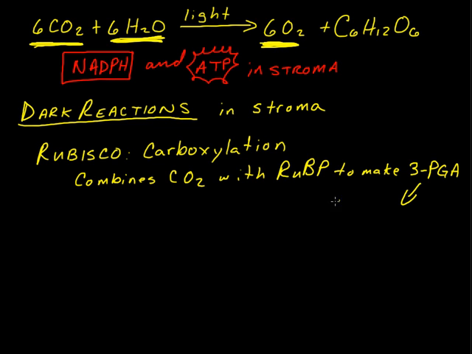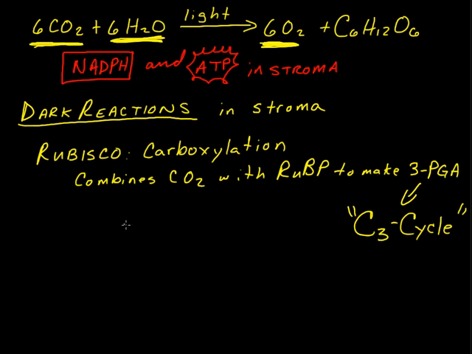So this is where it gets the name of the C3 cycle, because of 3 carbons in this first product. And we'll often refer to this, and it's referred to in the heading of your notes, as the Calvin cycle or the C3 cycle. So that's the first product.